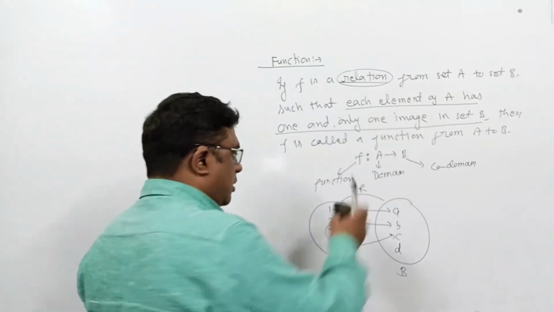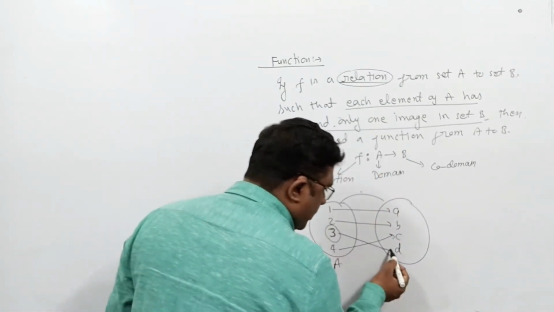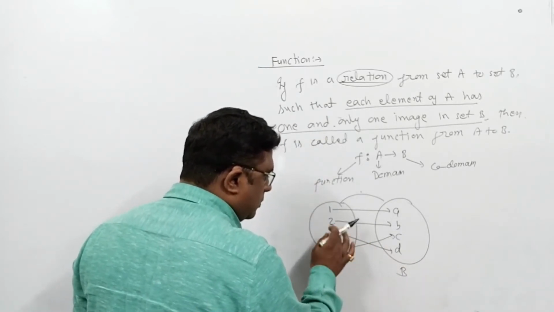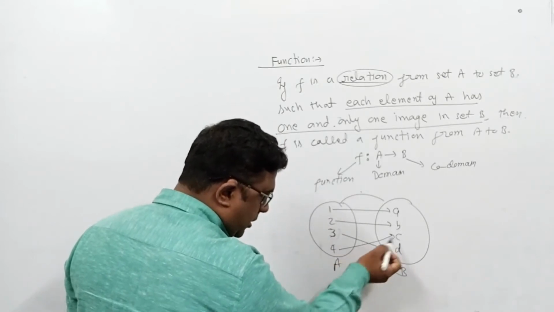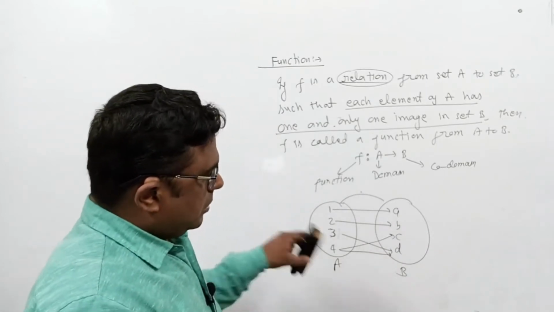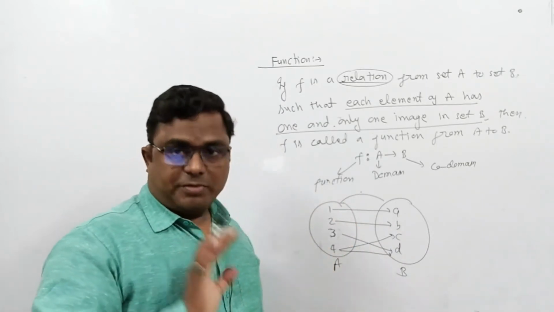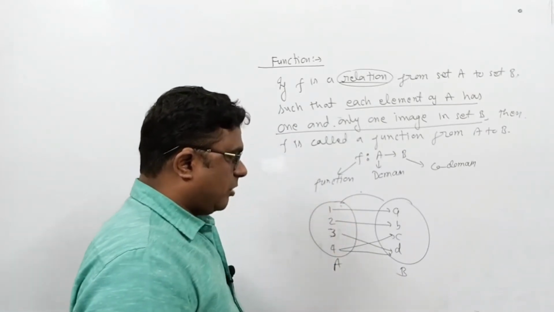Let us consider another example. Now suppose 3 is also having an arrow, 3 is also having an image, and element 4 is having image C, and suppose it is also having image D. In this situation, it's a relation, but again it's not a function. What is the reason why it is not a function?